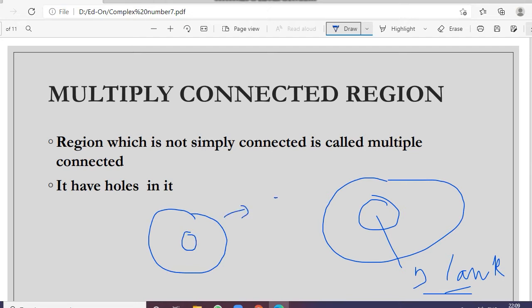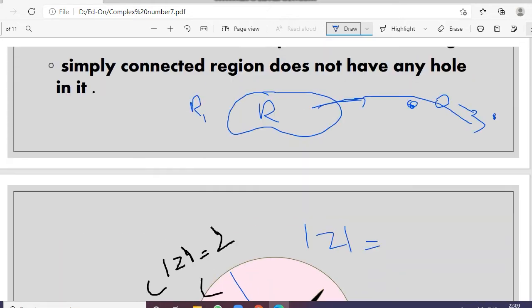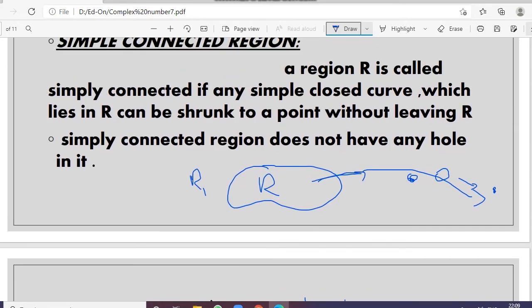No, because even if it reduces, it will still have this blank space in it. So it is a multiply connected region. It has holes in it, but a simply connected region can never have any hole.